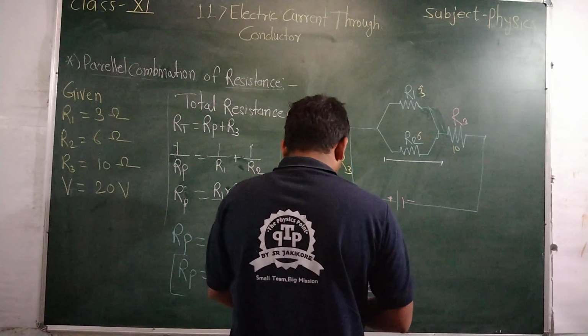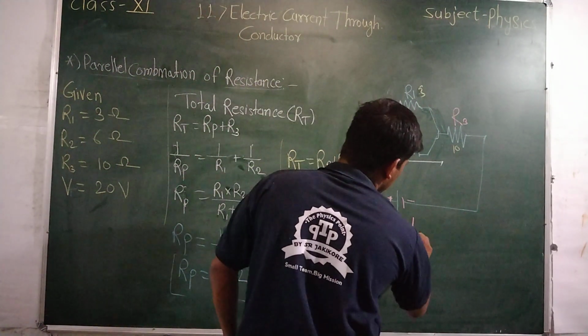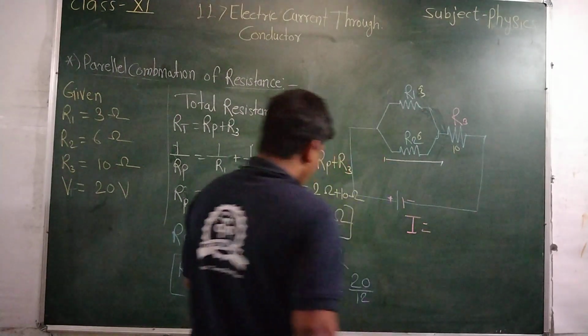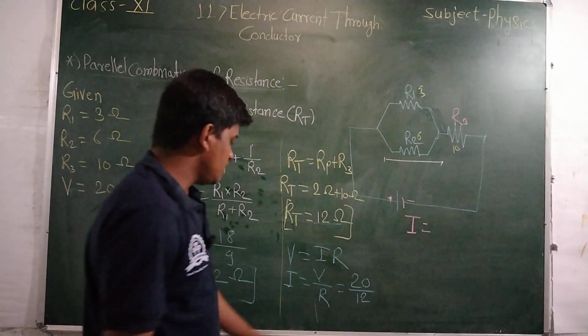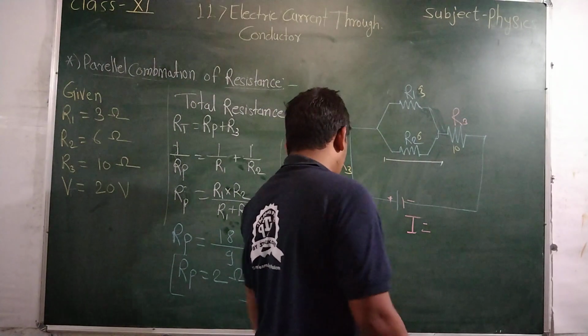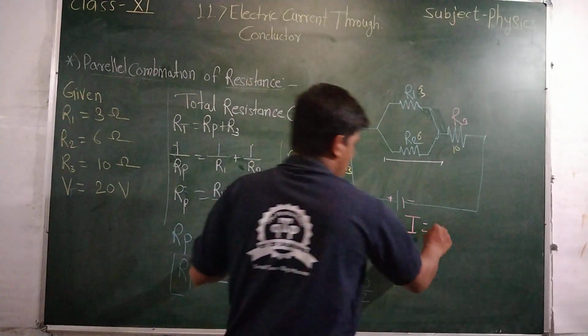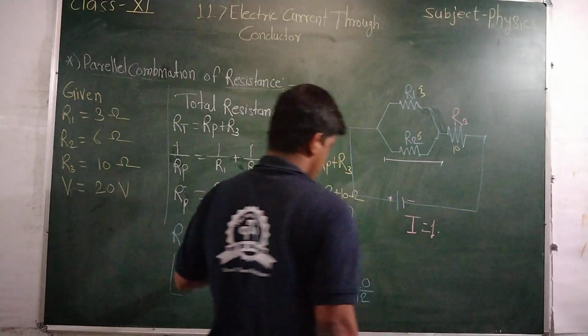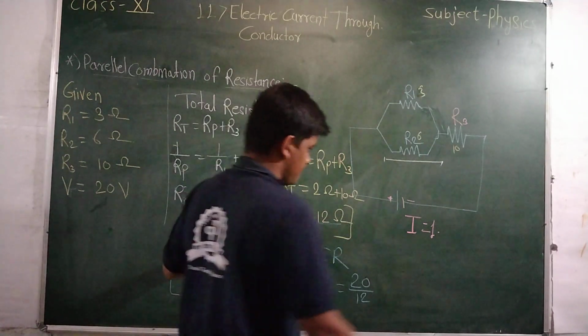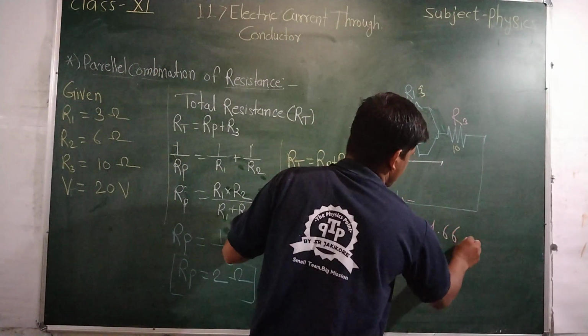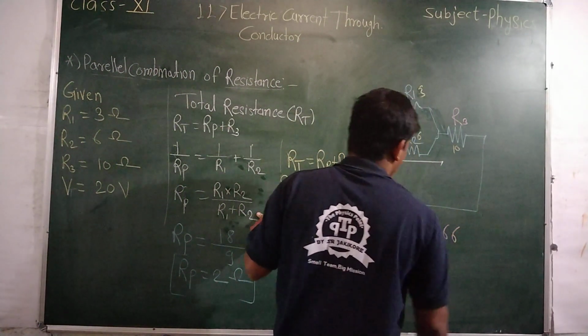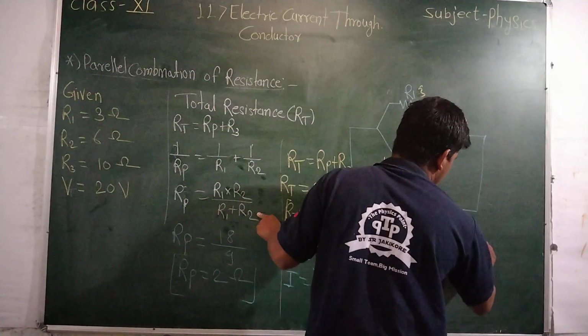Then the total current flowing through the given circuit is I equal to V upon R, that is 20 divided by 12, which is 1.66 ampere.